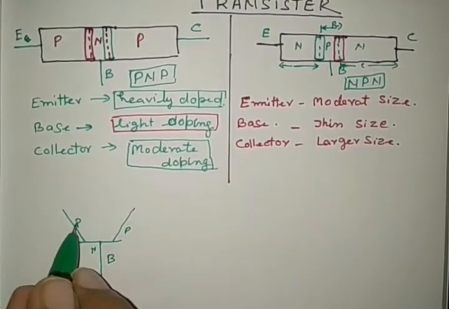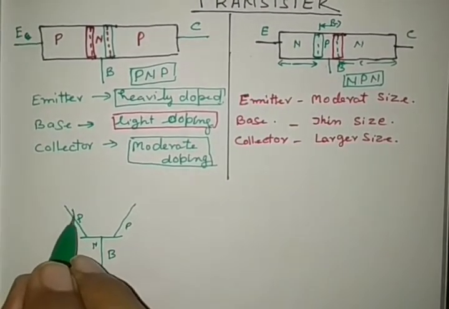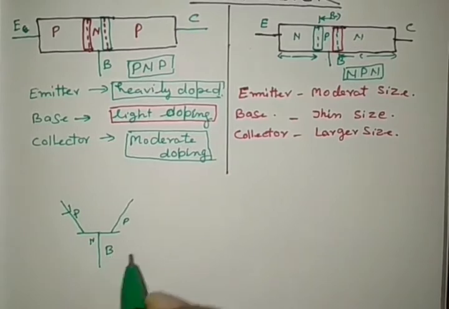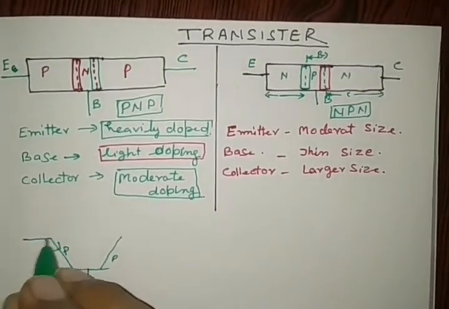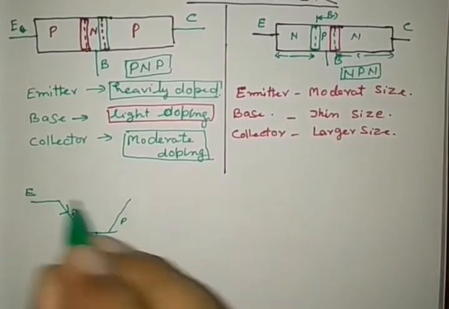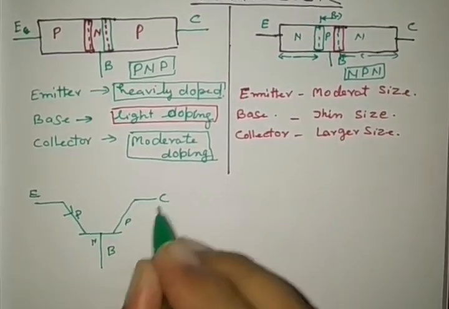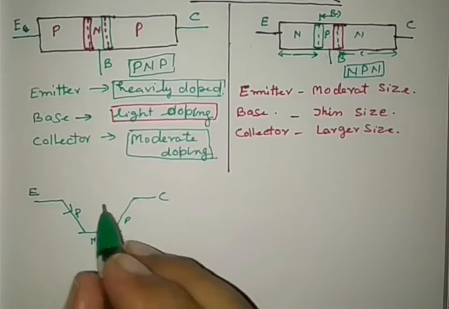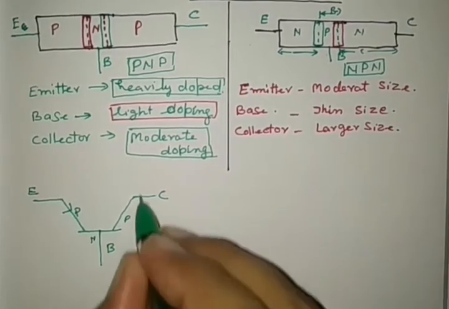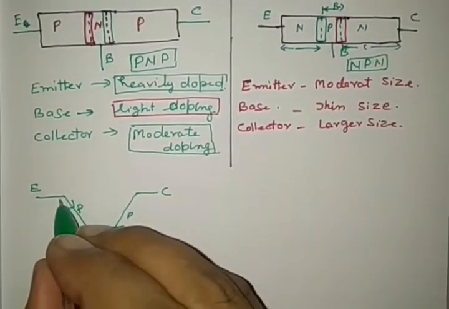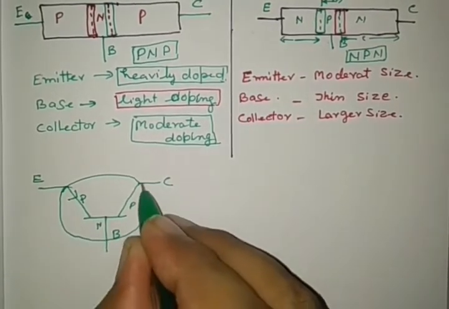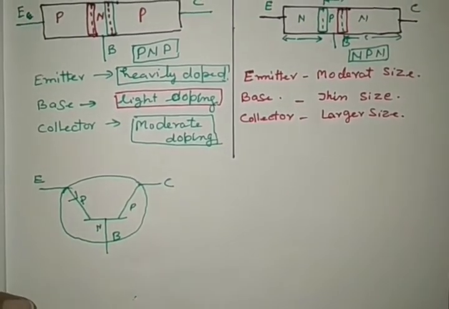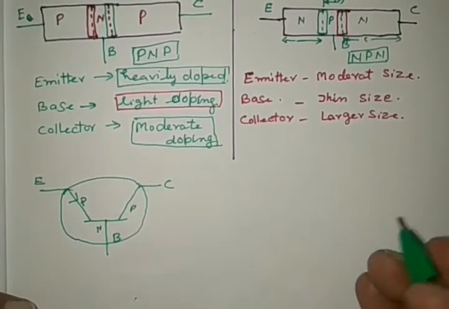Remember, the current always flows from positive to negative terminal, P to N. It is represented by an arrow here. This terminal is the collector and this is the base. If we want, we can encircle all this. The circle may or may not be there.